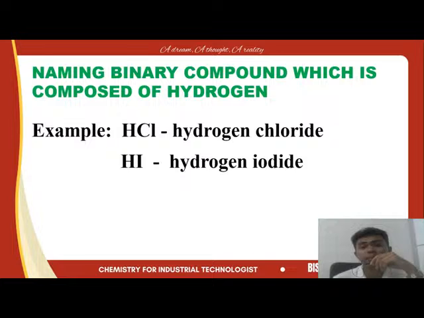This is the chemical formula, and we name it hydrogen chloride. We just read the H as hydrogen and Cl as chloride. Cl here stands for the nonmetal element chlorine, which has high electronegativity. We take the root word of chlorine and then just add the suffix -ide, which gives us the name hydrogen chloride.